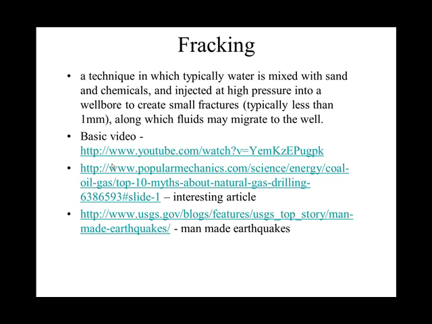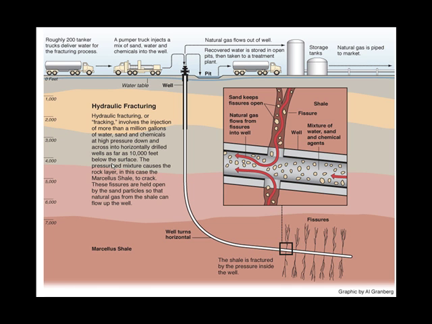And a lot of the issues come into play that this liquid treated with these chemicals is now going to begin to leak into the rock, and you're opening up new conduits. So this will change other systems, such as groundwater systems. If you take a look at this image, and this is a very simplified image, you see that you have to have the water delivered, you have to mix the sand and water, and then you inject this.